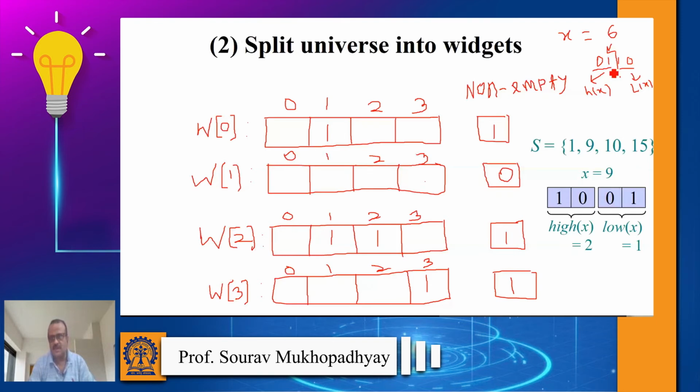That's why it is just a 1. So W1 will contain 6. And then this will represent low of x. Low of x is 2. So 6 is nothing but here. Okay, so that is the idea. I mean, we need to find the position of that x in this 2D arrangement. Any question?